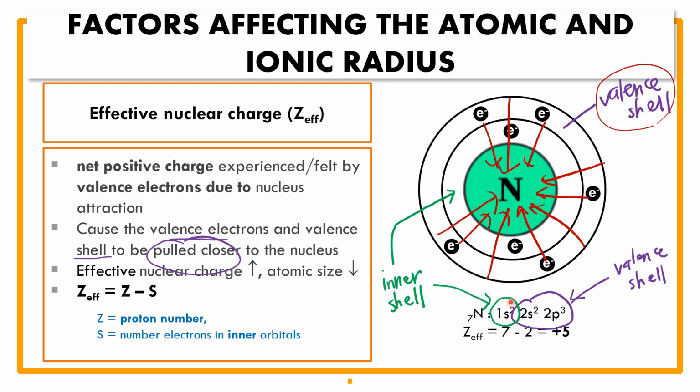Here is the inner orbital or inner shell. We have 2 electrons here, so this value 2 will be put here. The answer of the ZEV value for nitrogen is plus 5. Again, the greater the positive value, meaning the greater the effective nuclear charge, the atomic size will decrease or become smaller. So this is one of the factors affecting the atomic and ionic radius.